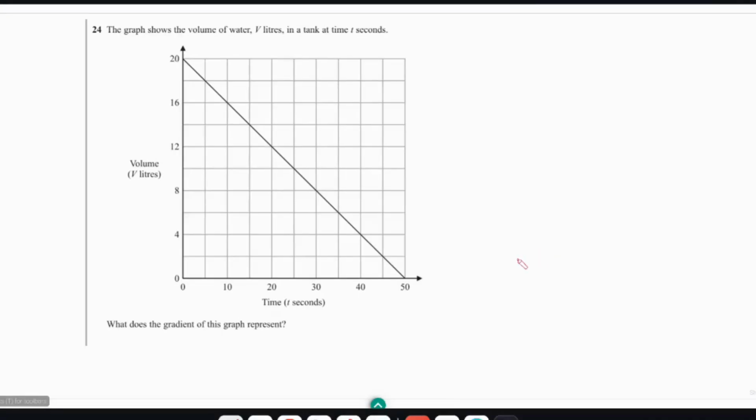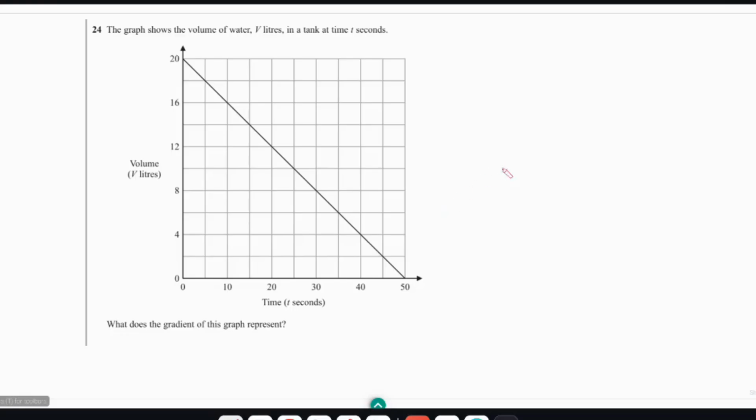The graph shows the volume of water, v litres, in a tank at time t seconds. What does the gradient represent? Well, the y-axis you've got volume, and the x-axis you've got time t seconds. So the volume is decreasing, so it works out like the amount of volume goes down per second, so it's rate of change of volume.